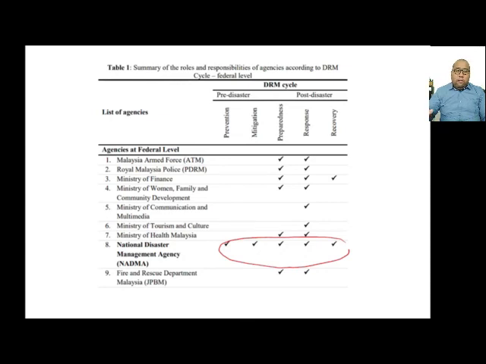For example, if we look in terms of flood, normally flood is related with rainfall. So normally for rainfall, we can refer to the data from the JPS. Tapi JPS punya data actually is not real time. Normally it is a log. That means that data will be kept, and then it takes time to process.